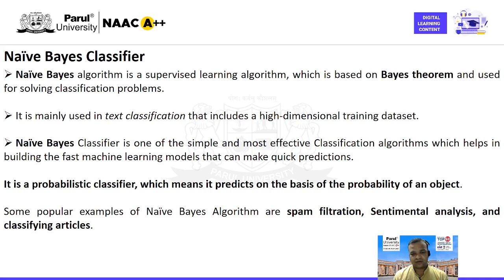Some popular examples of Naive Bayes algorithms are spam filtration under the category of classification, and sentiment analysis.